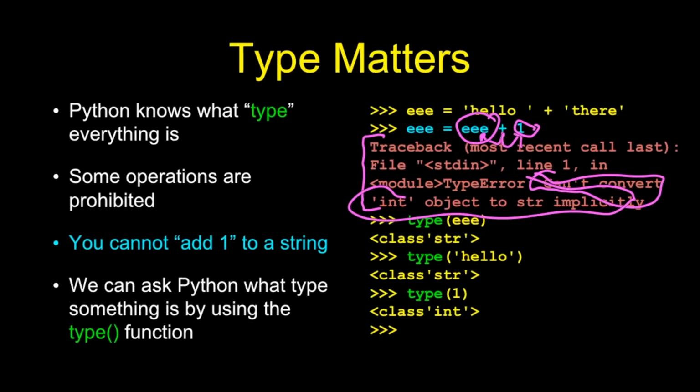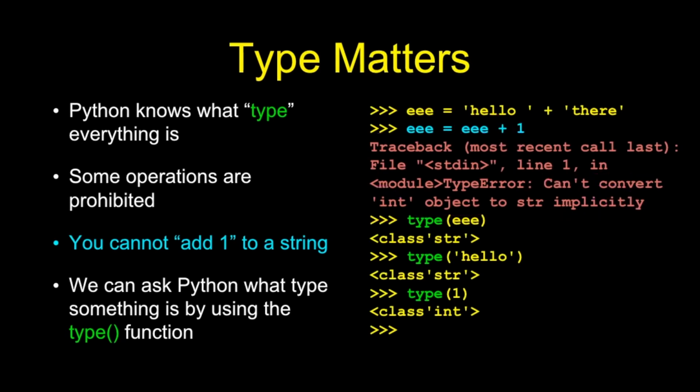So it turns out that there is, inside Python, a built-in function called type, T-Y-P-E. So the syntax is calling a built-in function named type, and the parenthesis is the parameter that we're passing to it. We're saying, hey, tell me something about the type of the variable EEE. The parentheses are part of the function call, and it says, oh, that would be of class string.